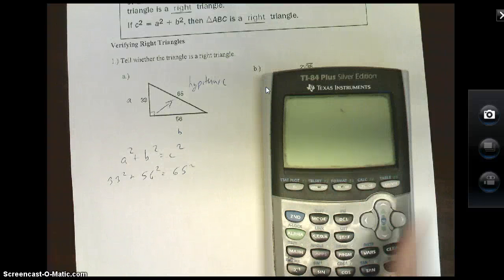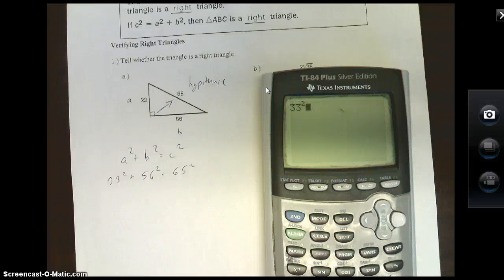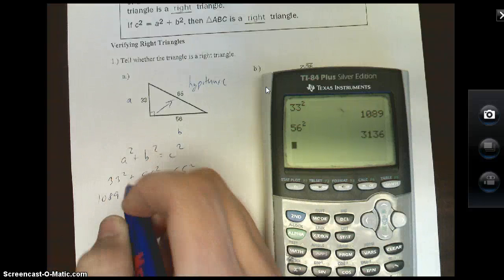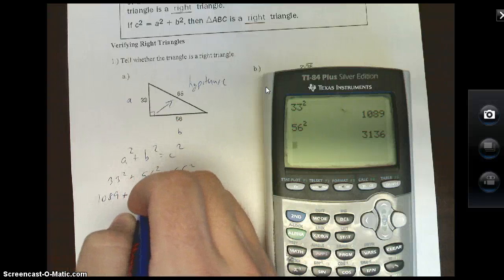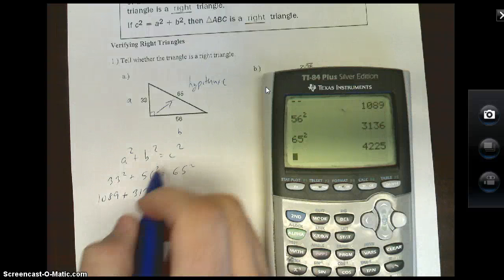Now I'm using strictly calculator here because off the top of my head I do not know what 33 squared is nor 56 squared. So I know 33 squared gives me 1,089. I know 56 squared gives me 3,136. 65 squared is 4,225.